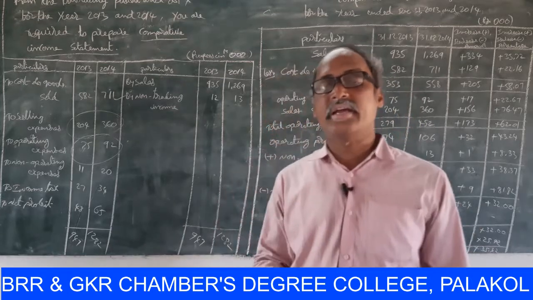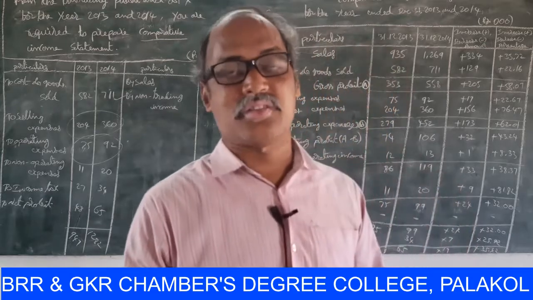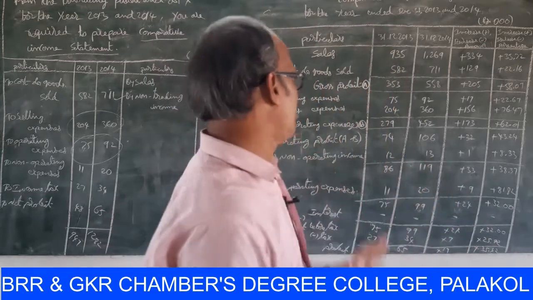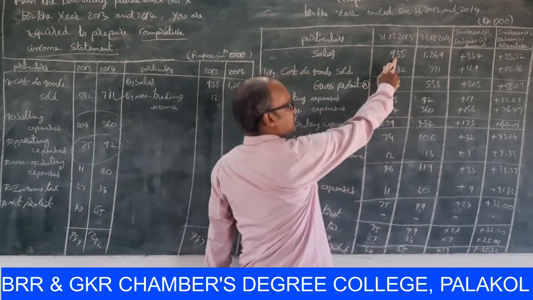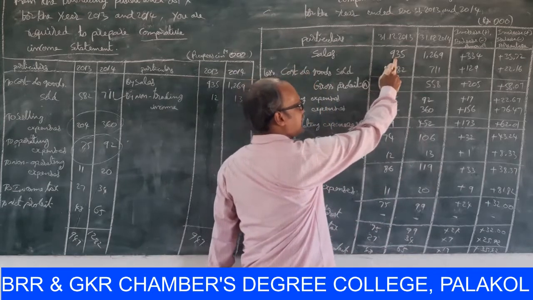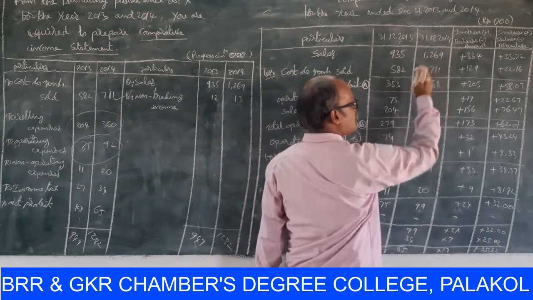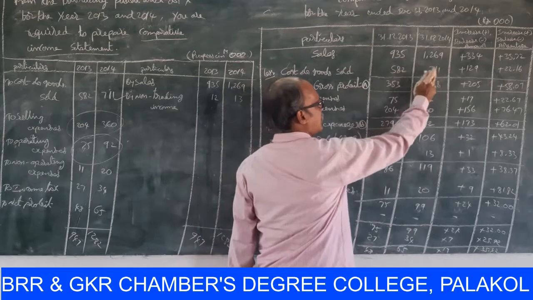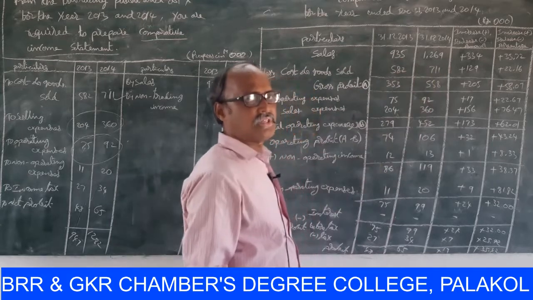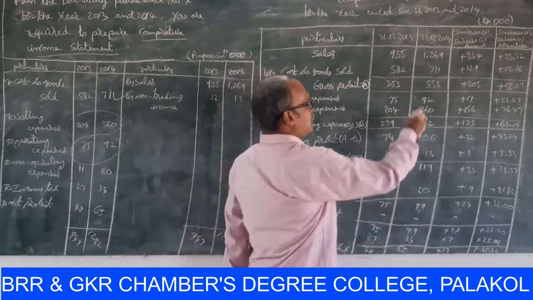Now, how will the data be interpreted? Okay, look at the problem. First of all, sales 932, 935, sales 1269. Cost of goods sold 582, 711. Look at this very carefully here.